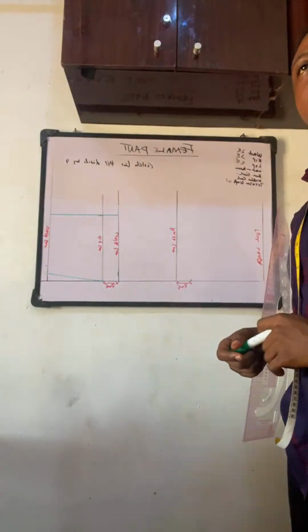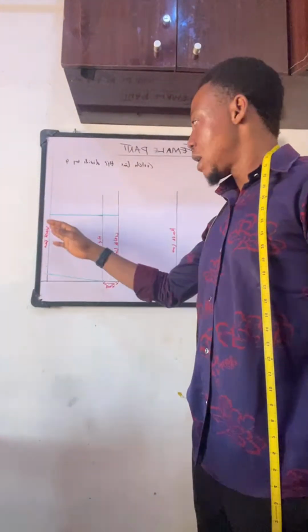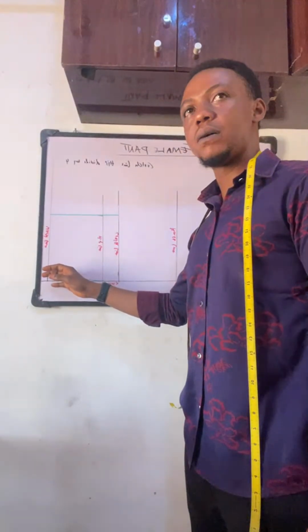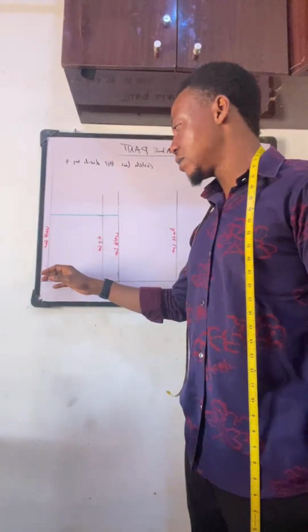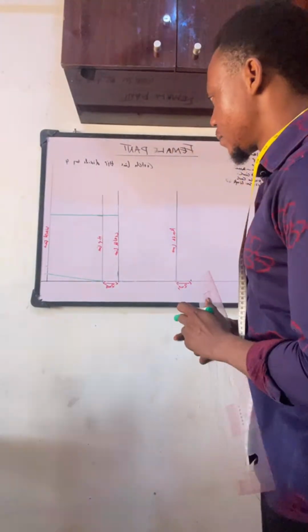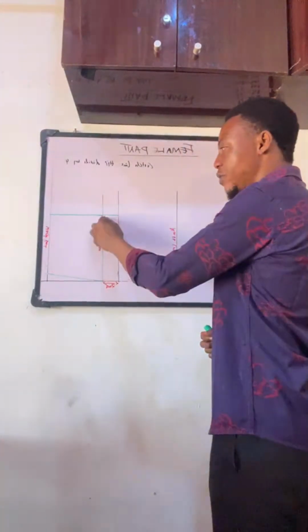Hope we are following, right? Our waist divided by 4, we have 7. Then we add 1 inch allowance, right? Okay. So now with this, we are done with the waist and we are done with the hip measurement.